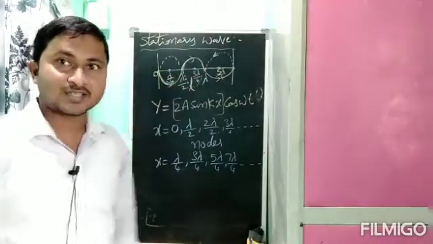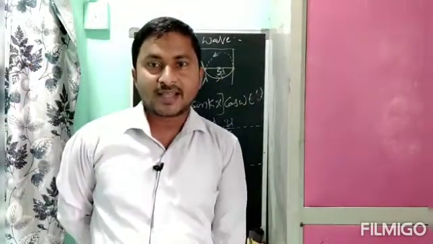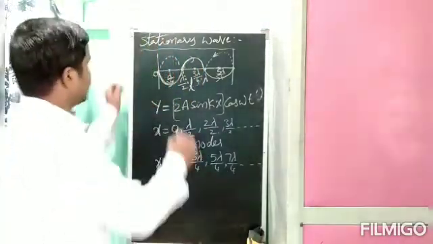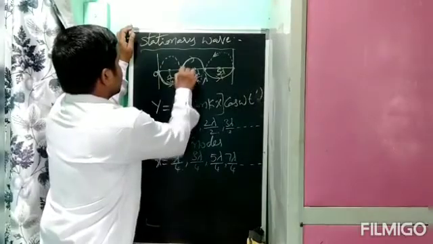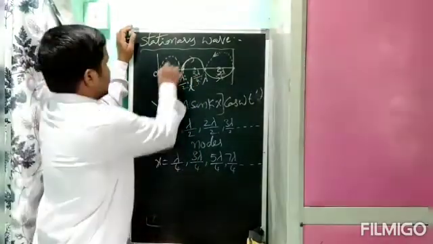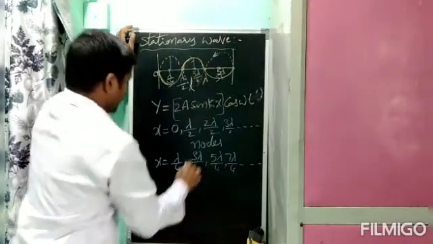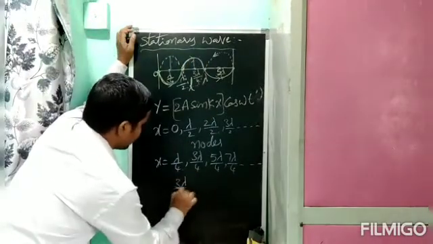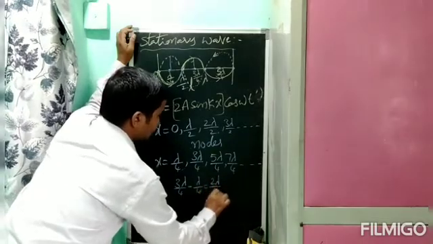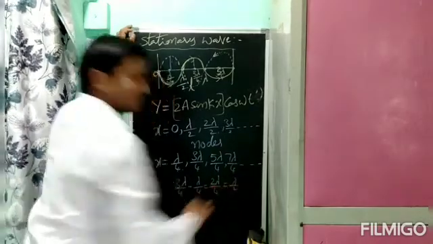That means in the stationary wave, nodes and antinodes are formed. The distance between two successive nodes is lambda by 2. Similarly, the distance between two successive antinodes is 3 lambda by 4 minus lambda by 4, which is 2 lambda by 4, that is lambda by 2.